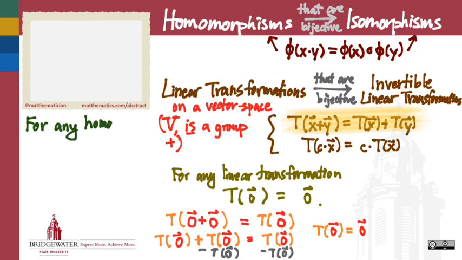So we already knew that isomorphisms sent the identity to the identity, but now I think we can see why every homomorphism also sends the identity to the identity. Phi of the identity element of the group G is equal to the identity element of the group H. And we could use the very same argument as I used over here for vector spaces to prove this theorem. But rather than me do that, I'm going to let you have this in your notes, and that's going to be one of the things you're going to work on proving in one of your groups today.